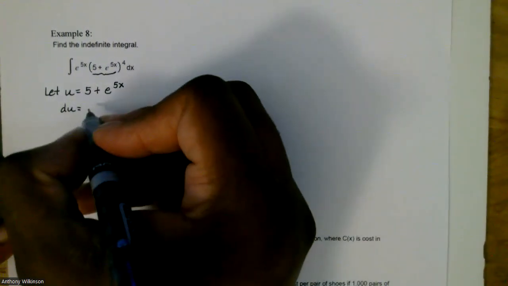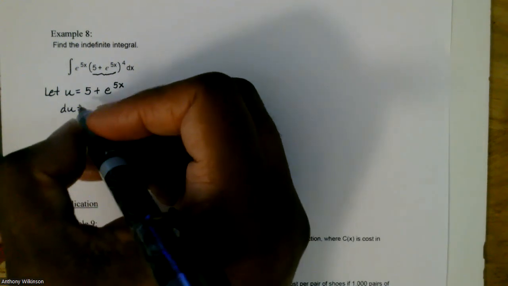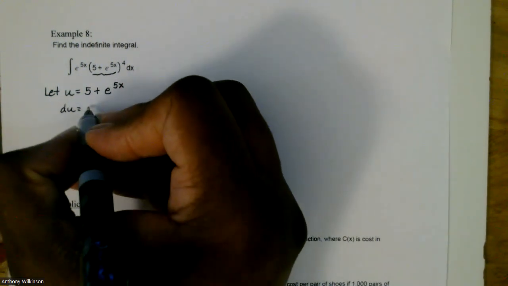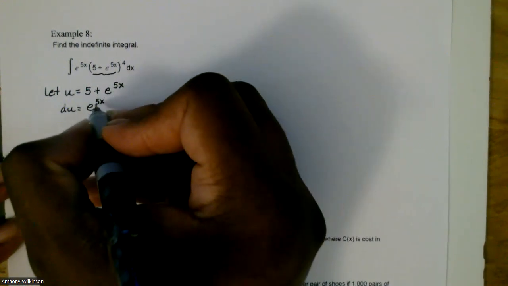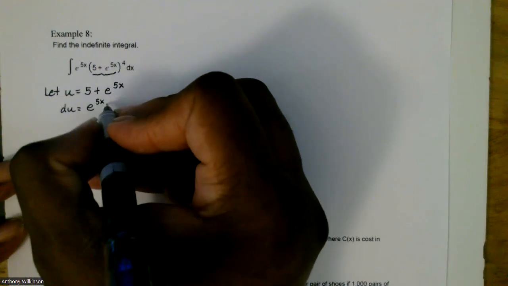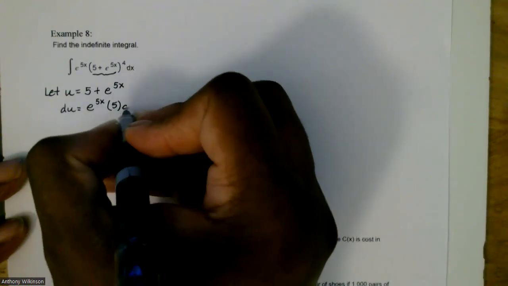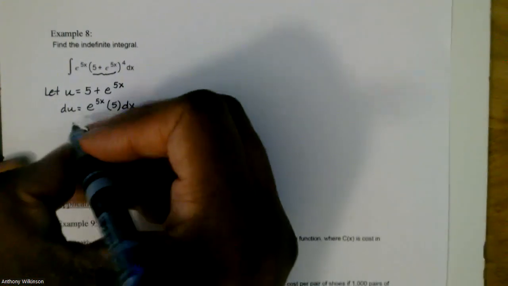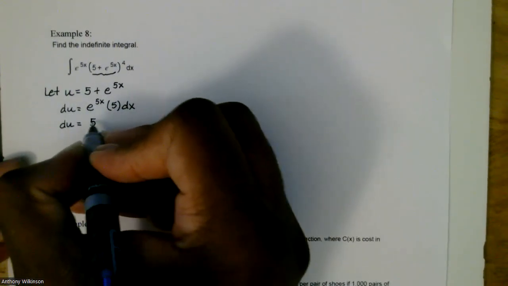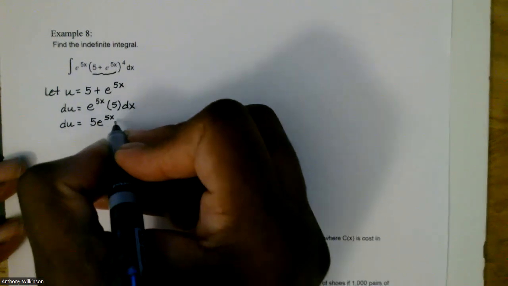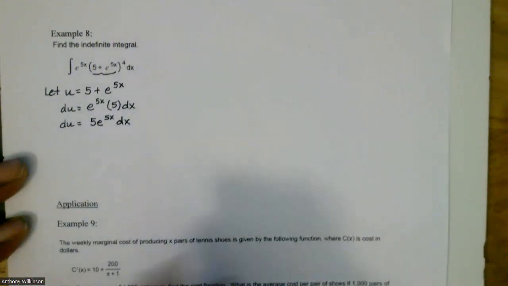The derivative of e to the 5x, that's going to be, in this case, e to the 5x, but then we got to take its inside derivative. The derivative of 5x would be 5 times dx. So if I simplify this, du would be equal to 5 e to the 5x dx.